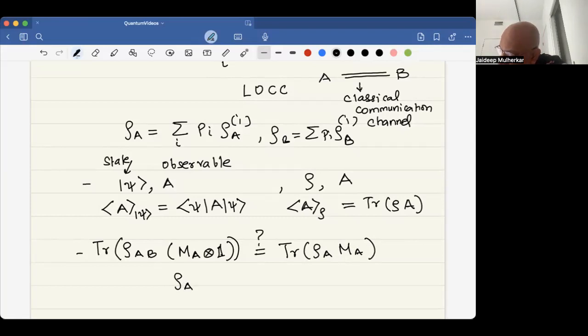I will call this state the trace over subsystem B of rho AB, and this is the partial trace. It turns out that such a partial trace operation, or the reduced density matrix, does exist.